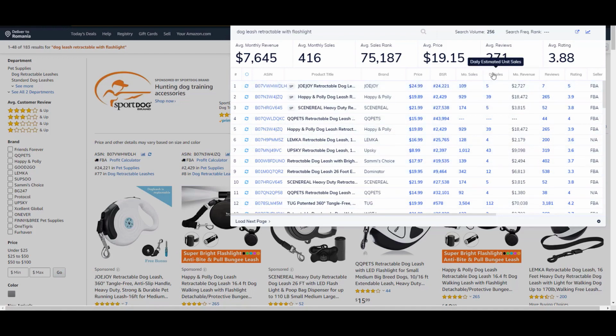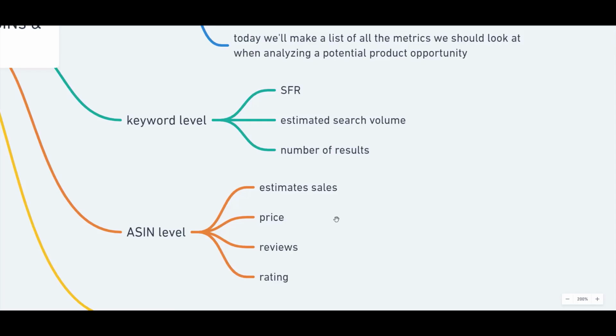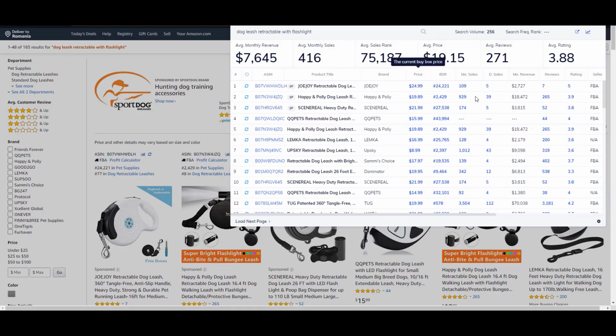Multiplying the monthly sales times the price, we get the estimated monthly revenue. If we multiply that by the estimated profit margin, we would find the estimated profit. And of course, there are things we already know, like the price, the number of reviews, and the rating.